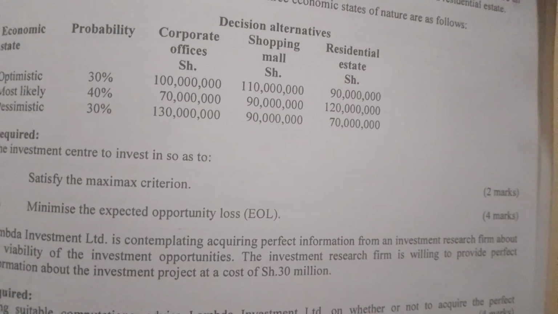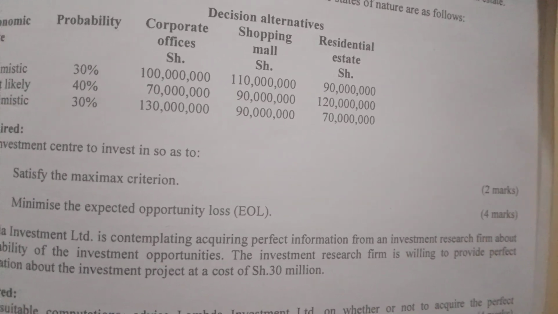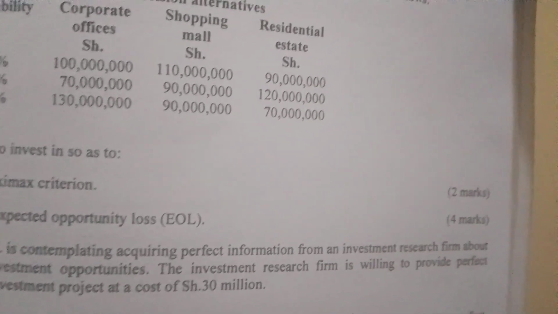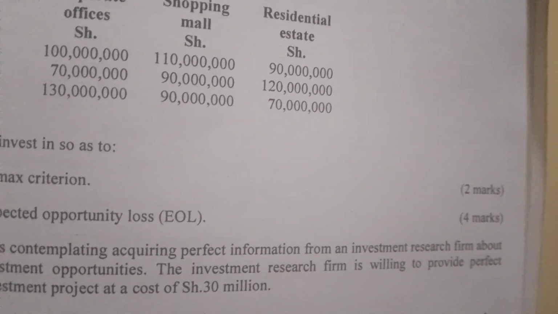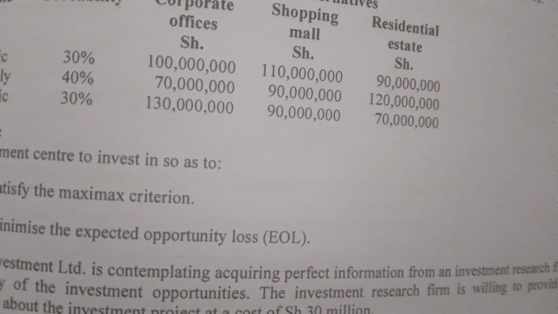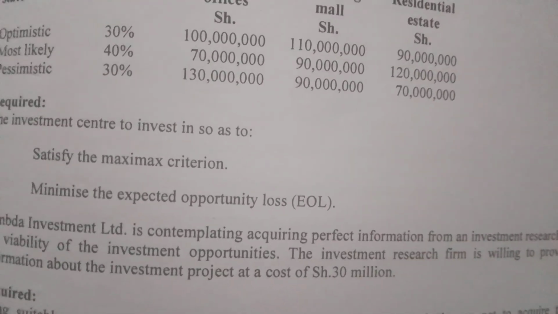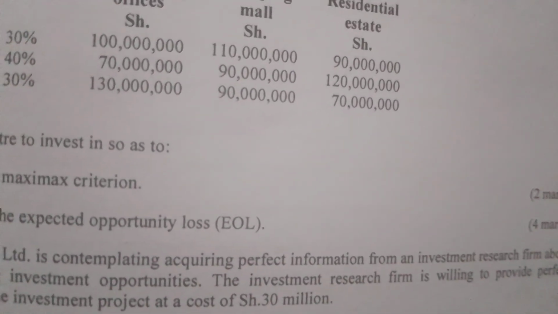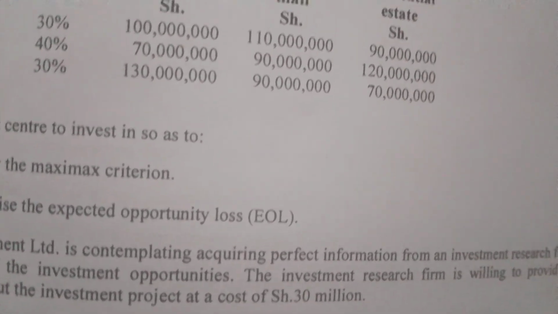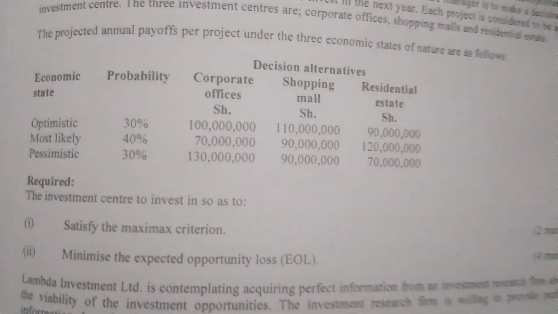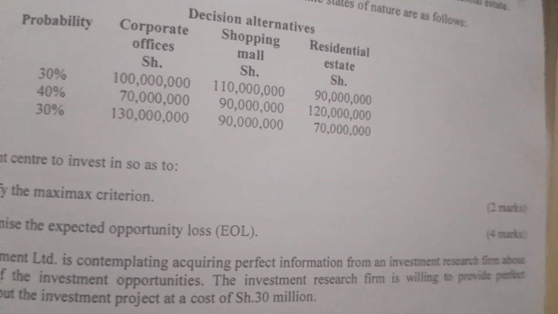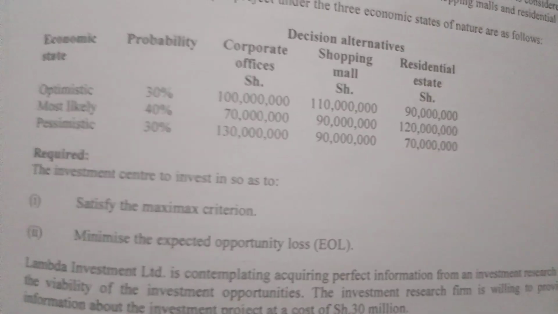Then you go along the second row, 70, 90, 120. The highest number there is 120. So 0.4 times 120. Then the last row, 130, 90, and 70. The highest is 130. So 0.3 times 130. So you pick 0.3 times 110 plus 0.4 times 120 plus 0.3 times 130.